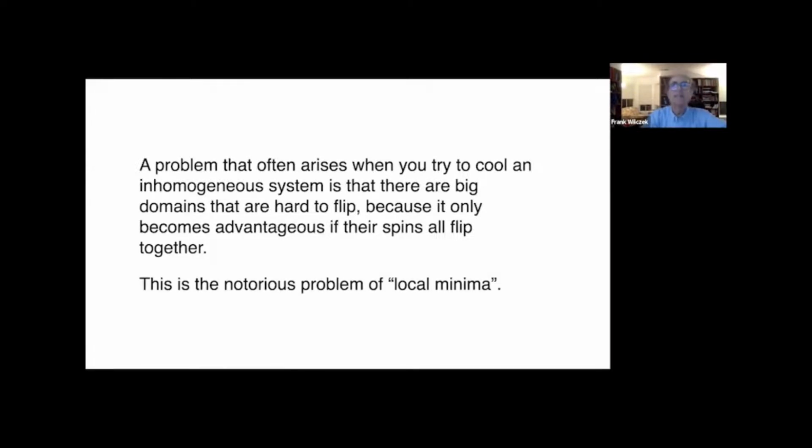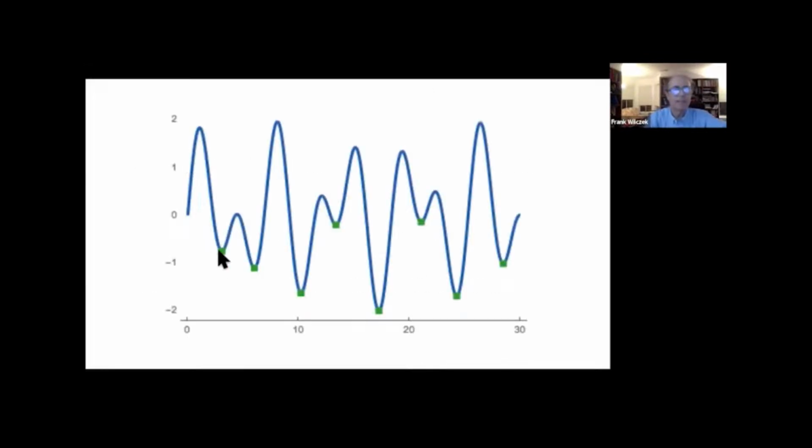So if we have an energy function that might be very complicated, and you have little changes that don't change the value of the relevant parameter very much, you get stuck at this minimum, which is not the true minimum. And there are a number of local minima that you can get trapped at.